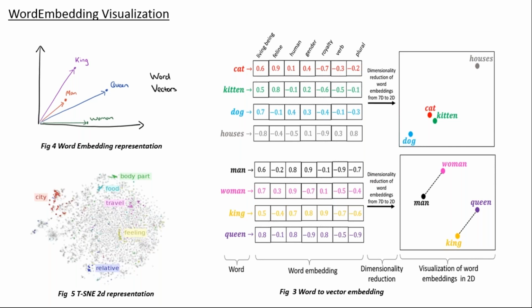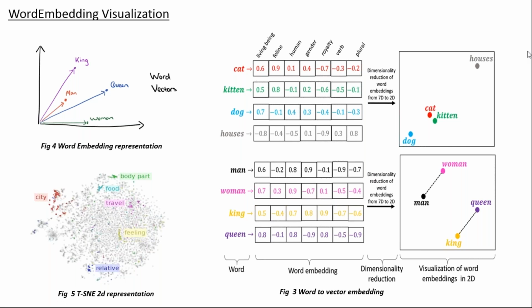What you see in figure 5 is a 2D representation of the word embeddings, where related words such as city names, the relations, the feelings, the travels are embedded in different spaces where they are clustered together. So from a big set of vocabulary, you can get this kind of word embedding representation, which can be further used for any sort of computations. Next slide, Vivek.